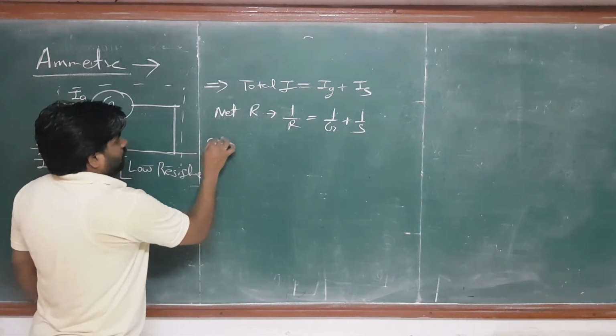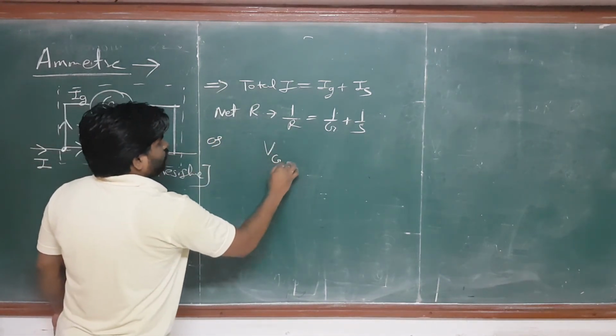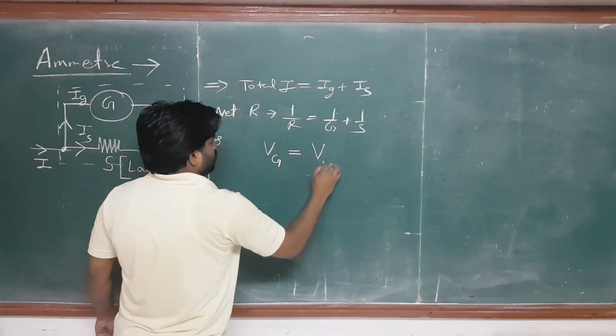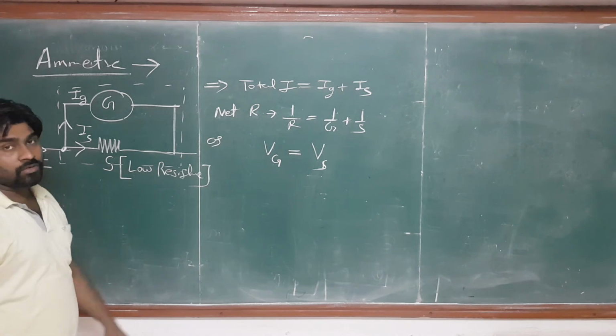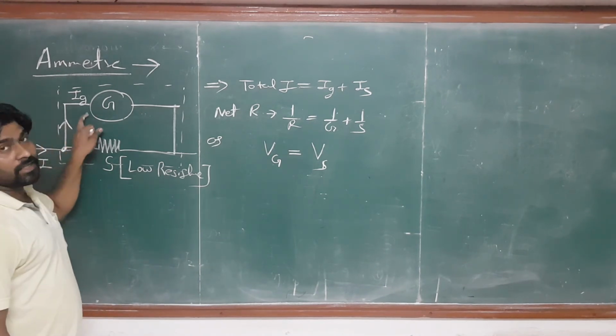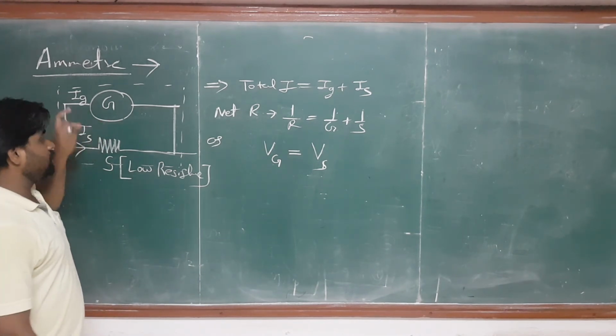As we know, in parallel, the voltage of the galvanometer is equal to the voltage of the shunt, because these two are connected in parallel. Using V is equal to IR, the galvanometer's resistance is G and the current is Ig.